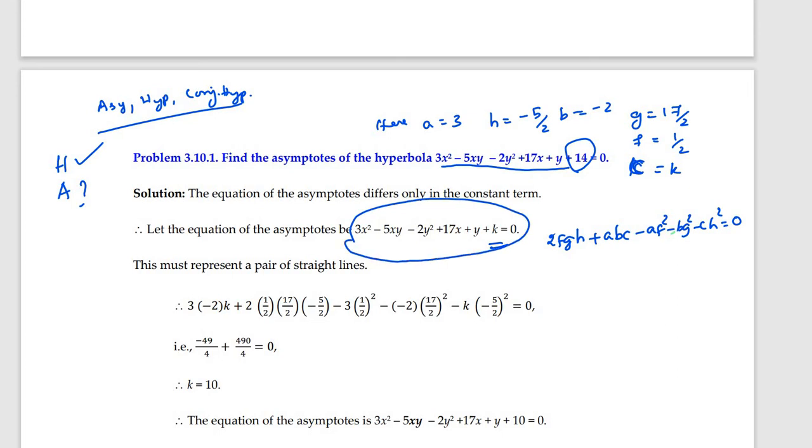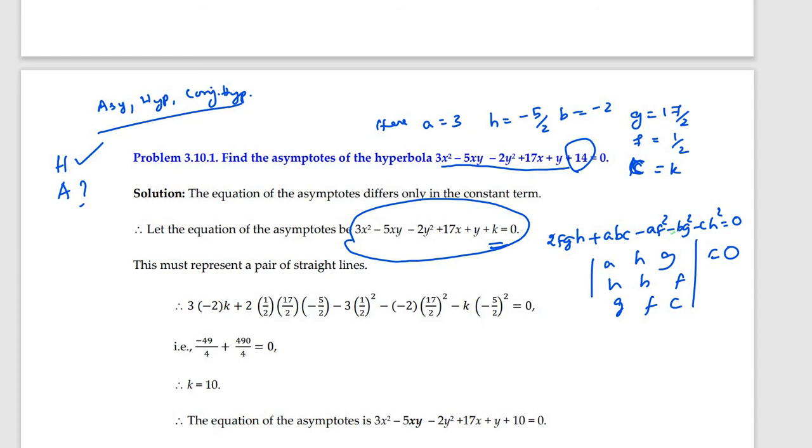Now I am given a general second degree equation like this. For this to represent a pair of straight lines, we must have the determinant AHG, HBF, GFC to be 0. This can be expanded and this is what you have: 2 times FGH plus ABC minus AF square minus BG square minus CH square equal to 0.